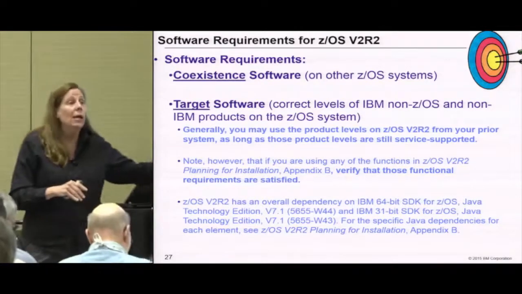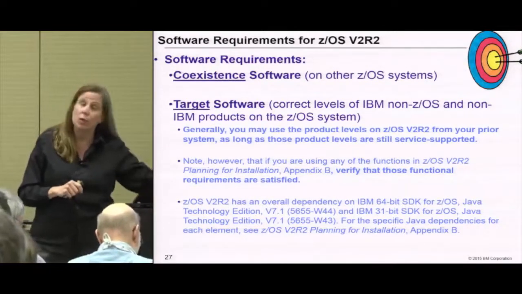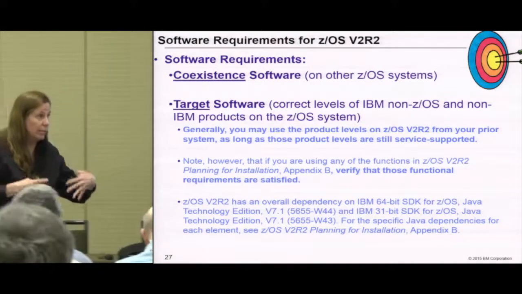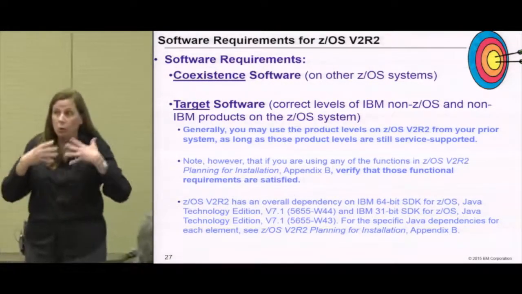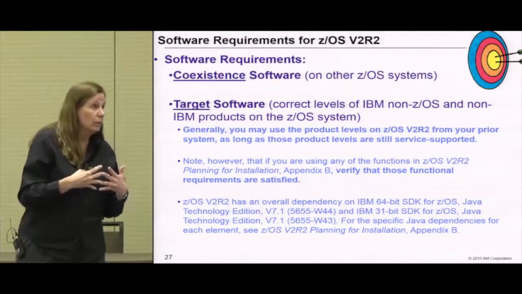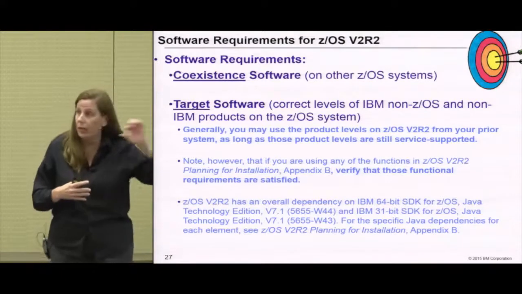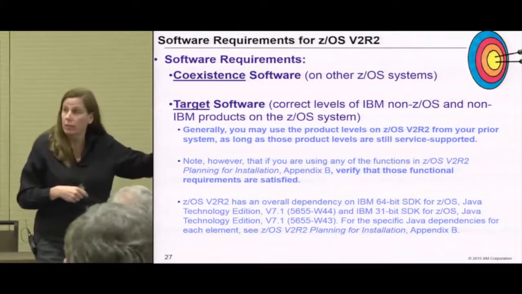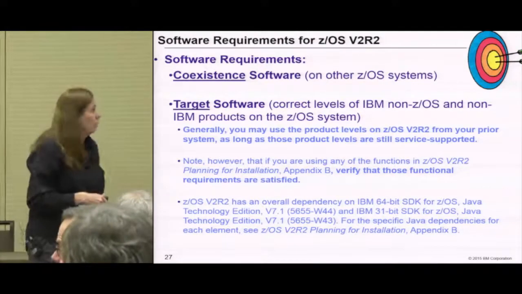These are old functions, and those will still run with older levels of Java if you need them to. But generally, the new functions that we have that are Java dependent, they all were written and tested and work with Java 7.1. That's why you'll see on that one slide I highlighted Java 7.1, because most functions that you'll see in the next slide are going to need Java 7.1.